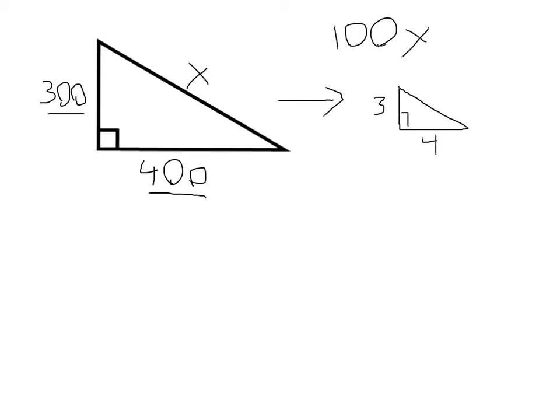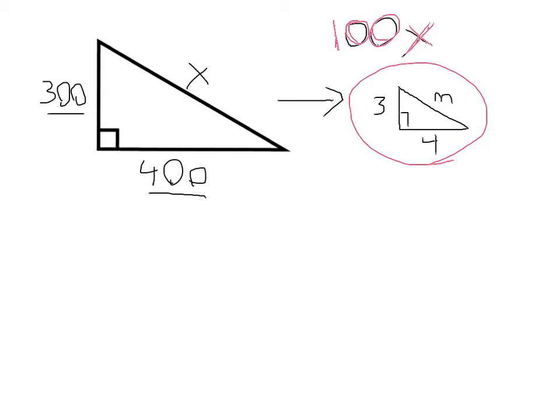And now across from it, instead of using the letter X so I don't get confused, I'm going to use a letter, say, M, okay? And so what we're going to do is solve the Pythagorean theorem in this smaller triangle for M, and then multiply it by 100 because this bigger triangle is 100 times this smaller one, okay?